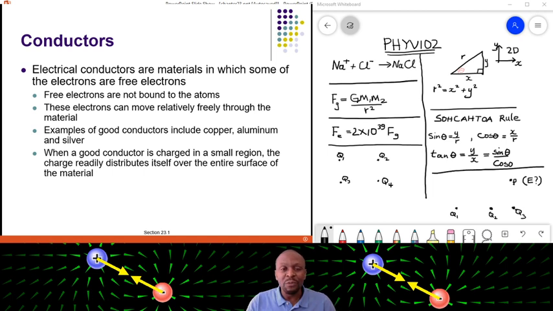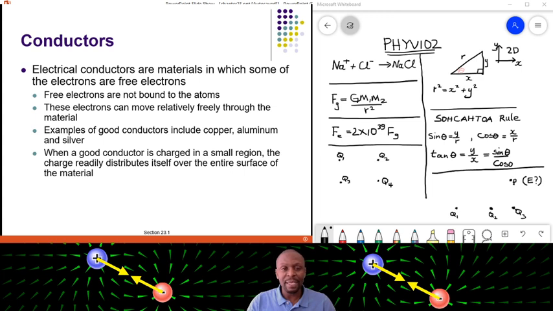They move freely without any problem. Good examples of good conductors include copper and aluminum as well as silver. As a result, because the electrons move freely, they are able to conduct electricity.